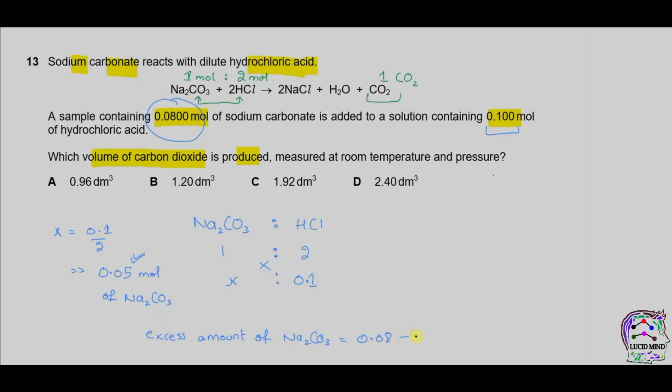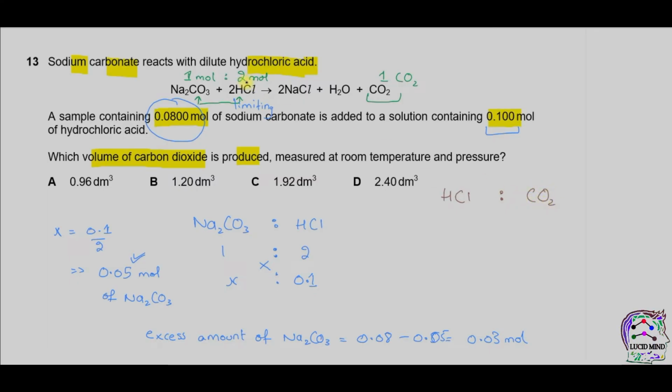Required moles is 0.05. So 0.03 moles will be left behind. It means that HCl is the limiting reagent and sodium carbonate is the excess reagent. Now, amount of product always depends on the limiting reagent, so we can find the ratio between HCl and CO2.